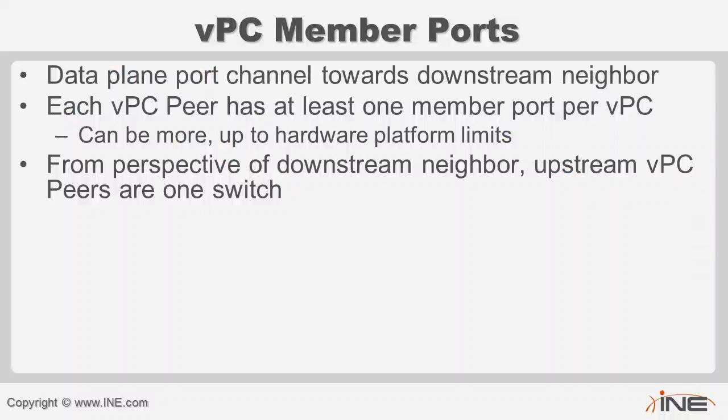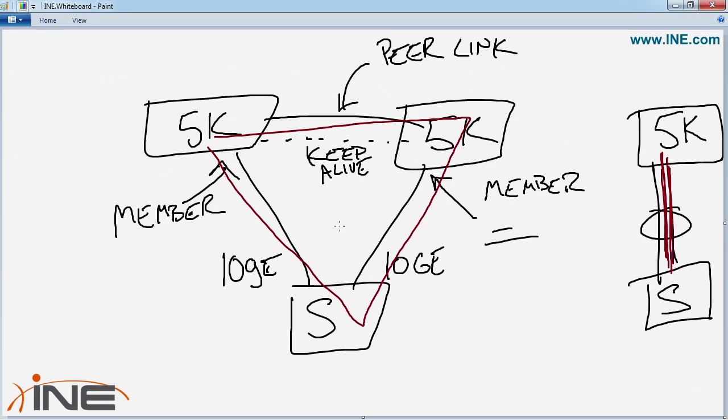Now again, the key of the final logic of the VPC is that once the member ports are properly formed, from the downstream neighbor's perspective, the VPC is going to look like it's attached to just one upstream logical switch. So if we look at the physical versus the logical representation, logically we have a point-to-point link between the server and the upstream 5K.